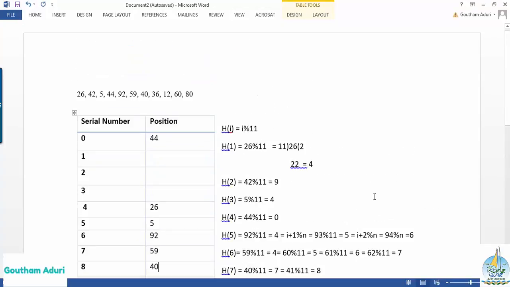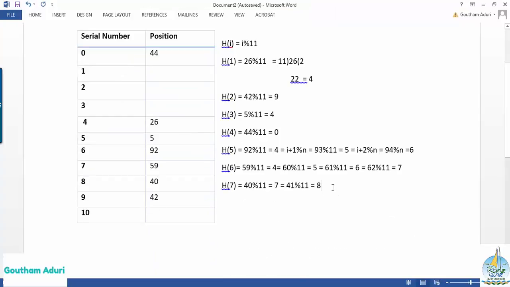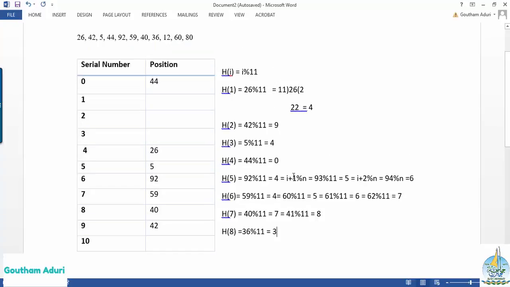And next we are going to see 36, so H of 8 is 36 mod 11, it's 11 3 is 33, and 3 is a remainder, so we are going to get H of 8 for the 3 is 36. The next number is 12 mod 11, so H of 9 is 12 mod 11, so the remainder is going to be 1, and it's going to be at the first position, so it's 12.